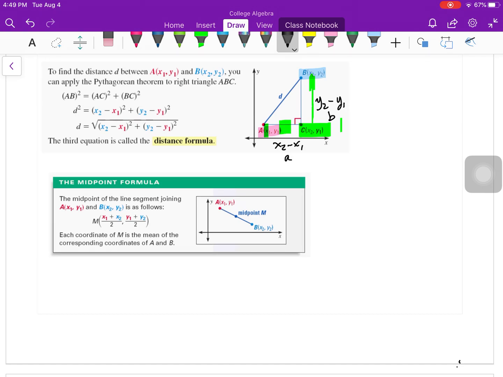So d squared will equal a squared plus b squared. So d squared will equal x2 minus x1 squared plus y2 minus y1 squared. If I want just the distance, not the distance squared, I have to square root both sides. So the distance is the difference of my x's squared plus the difference of my y's squared, all square rooted.